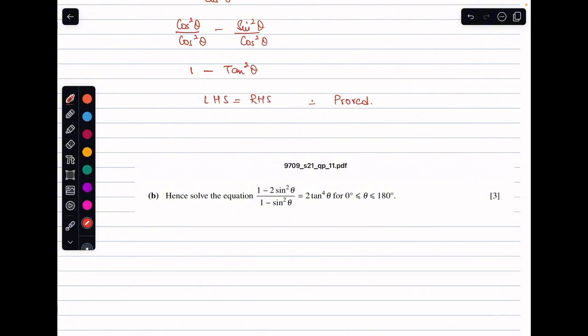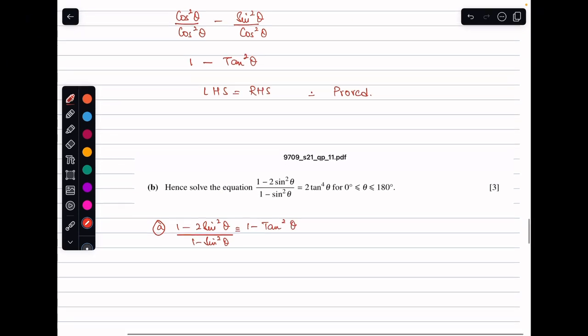So I am just writing 1 minus tan square theta in place of 1 minus 2 sine square theta divided by 1 minus sine square theta, which comes from part A.